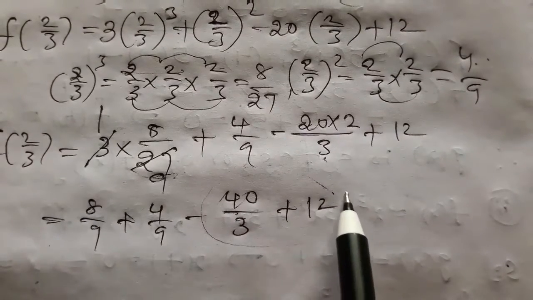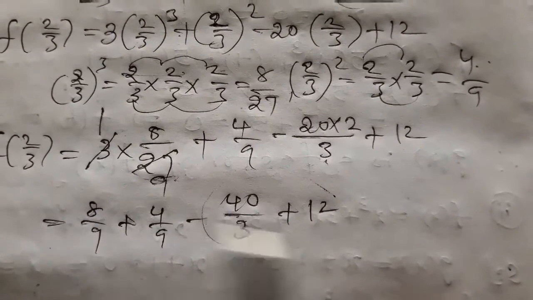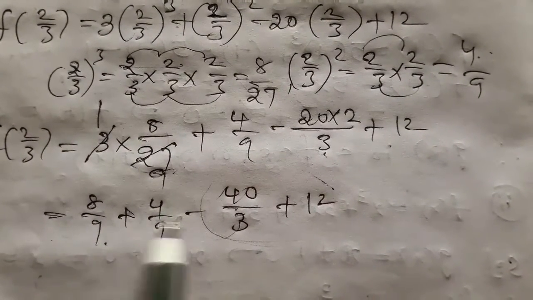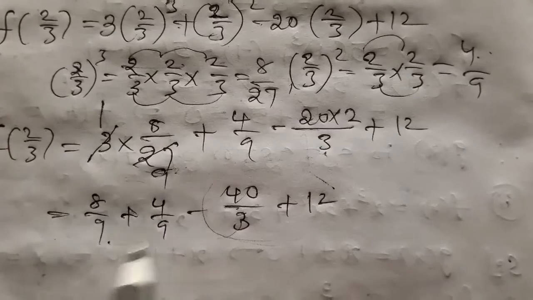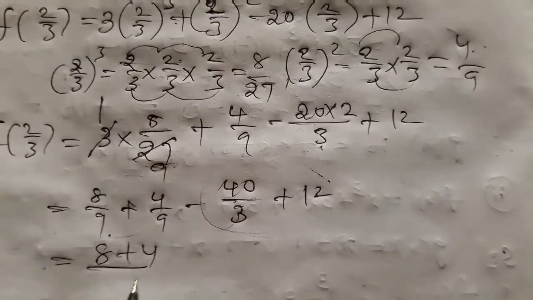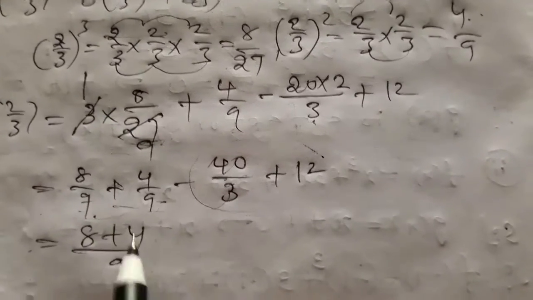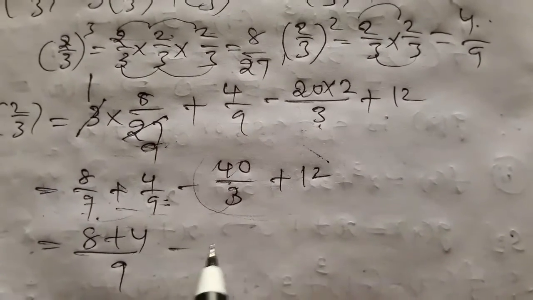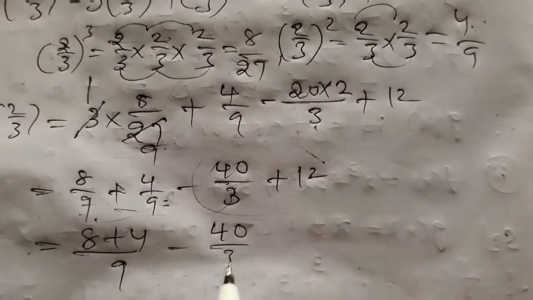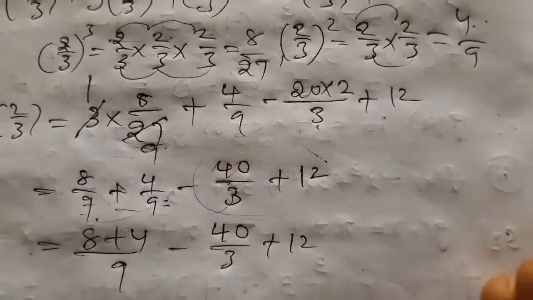Take the LCM of these two. No need, 3 is a factor of this. Take the LCM of these two first. That becomes 8 plus 4 by 9, common factor, here LCM is 9, minus 40 by 3 plus 12, isn't it?